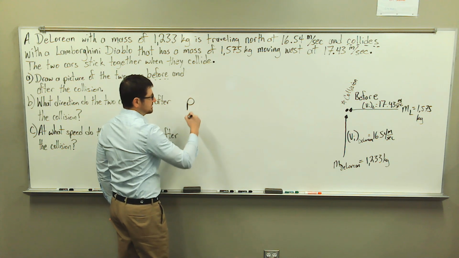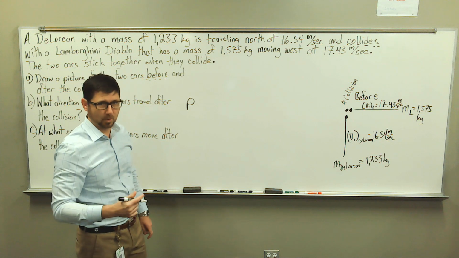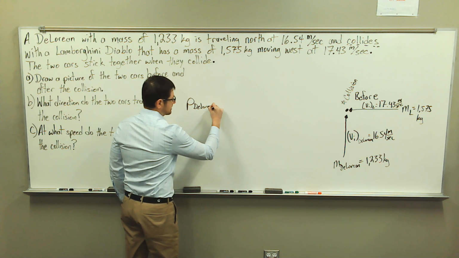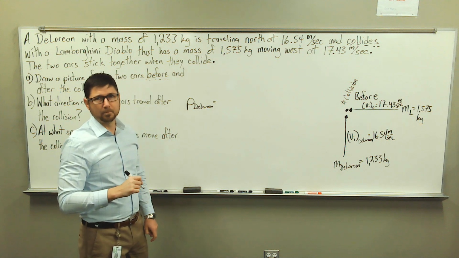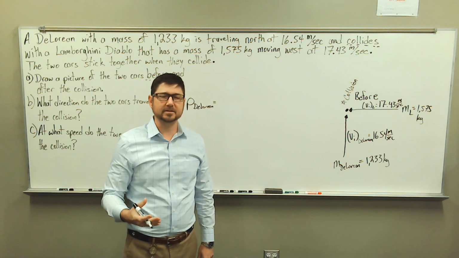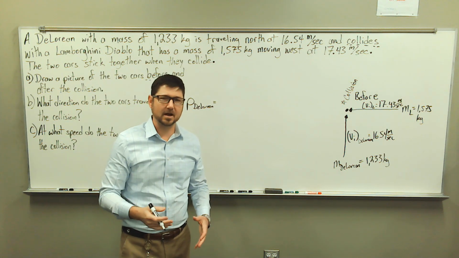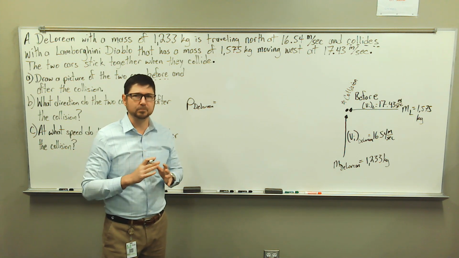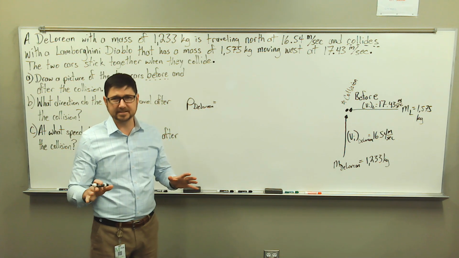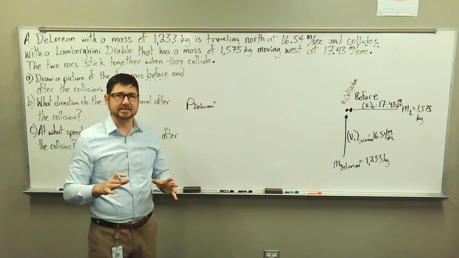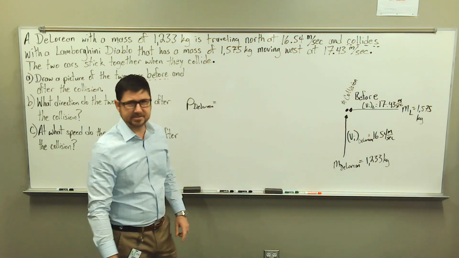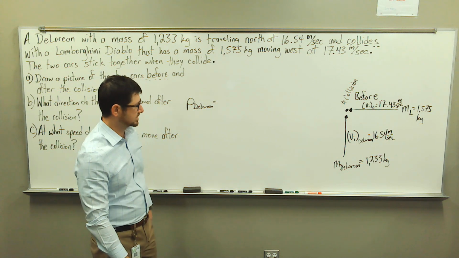Let's first calculate the momentum of the DeLorean. Remember that momentum is identified by lowercase p, and the momentum of an object is the product of the object's mass and the object's velocity. So if the object is not moving, the velocity is 0, and the object has 0 momentum. But the DeLorean is moving with a velocity of 16.54 meters per second.